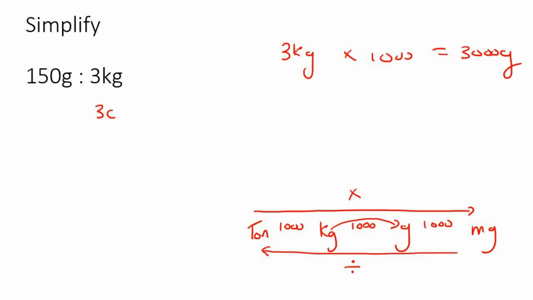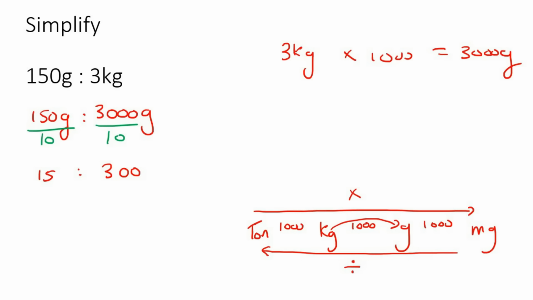Okay, so we're going to go 3,000 grams and then 150 grams. Okay, so now you need to divide by the same number on both sides. So I'm going to go with the number 10. You might use a different number. Don't worry. At the end, our answers have to be the same. So this would give you 15, and this would give you 300.